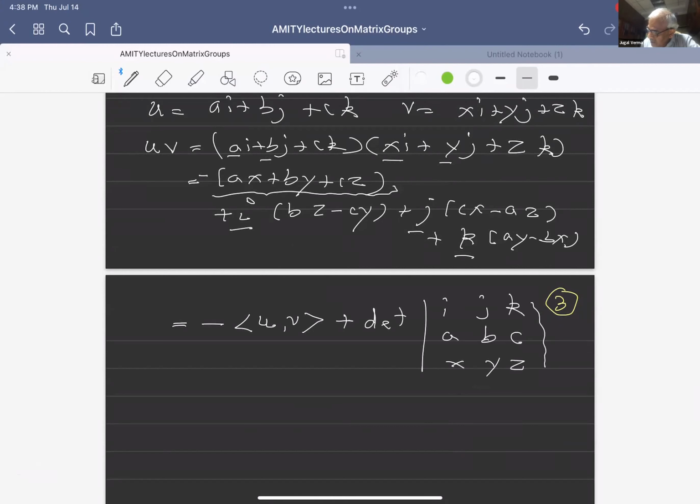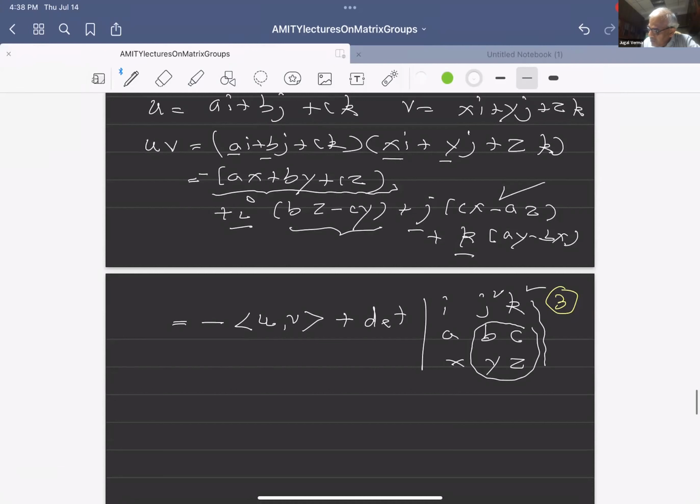The coefficient of i is bz minus cy, the coefficient of j is cx minus az, and the coefficient of k is the 2 by 2 determinant ay minus bx. So the product of two imaginary quaternions is equal to their cross product minus their dot product.